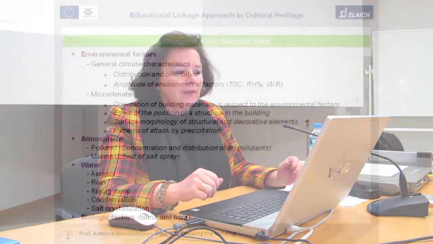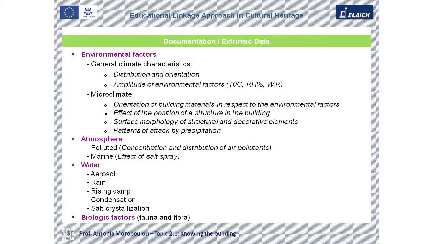The documentation of extrinsic data concerns the environmental factors which are characterizing in general the climate, that means temperature, humidity, or the wind directions, and the microclimatic factors which are determined by architecture.